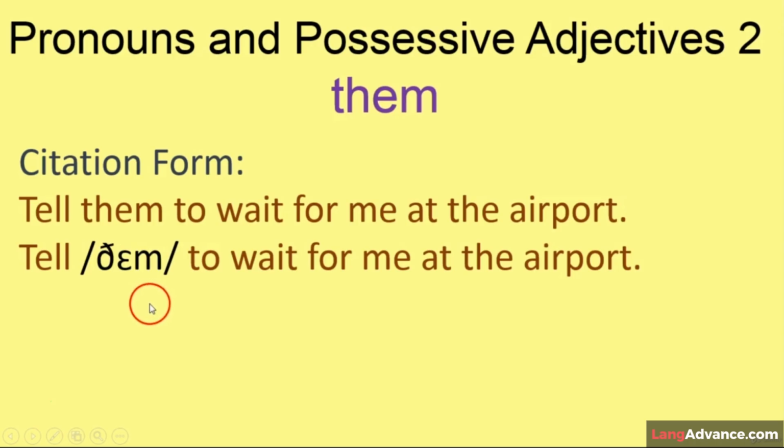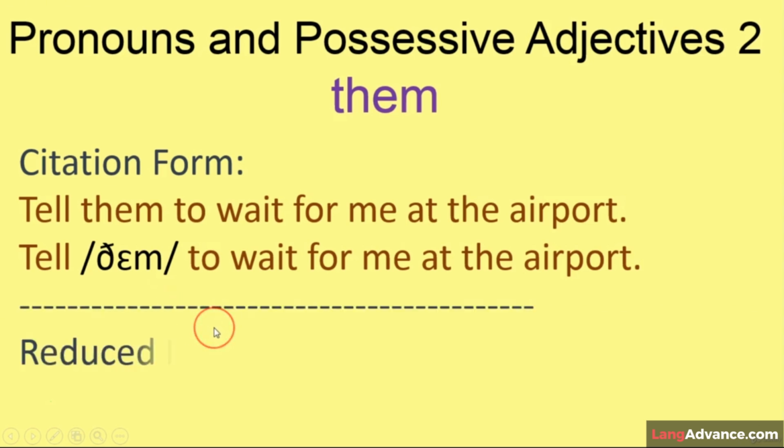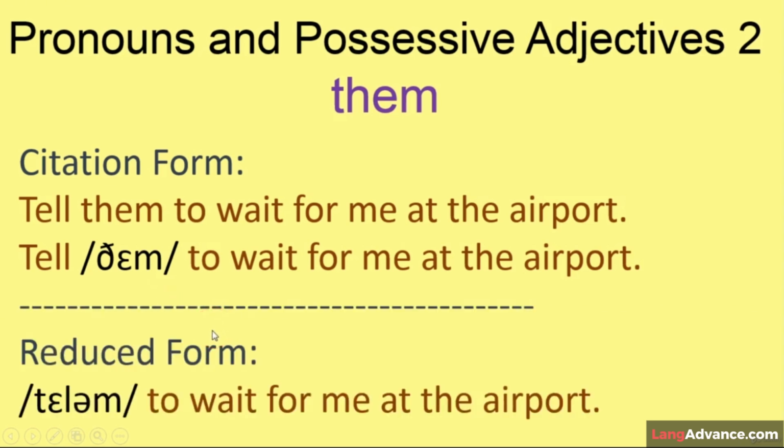Tell them to wait for me at the airport. But when we are speaking with reduced forms, we often drop the TH sound. The E becomes the schwa sound, and we just say um.